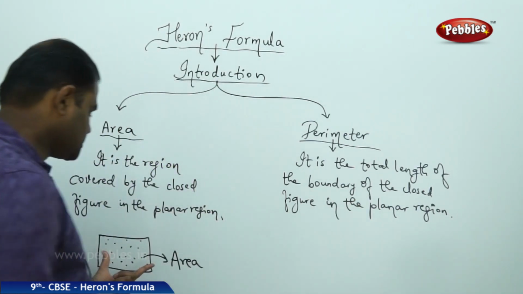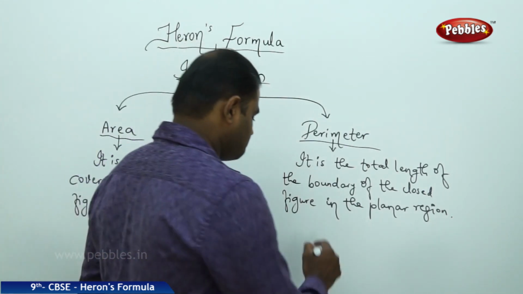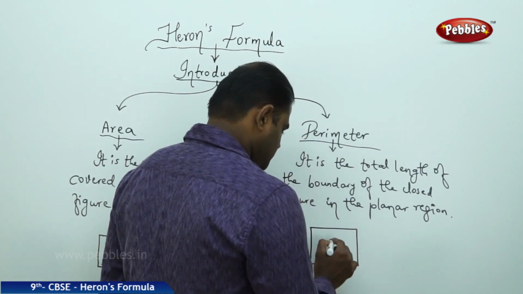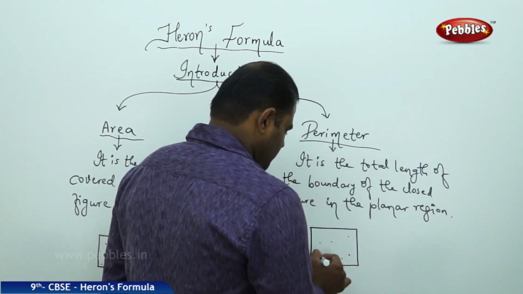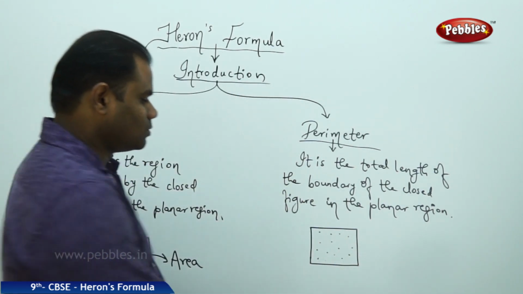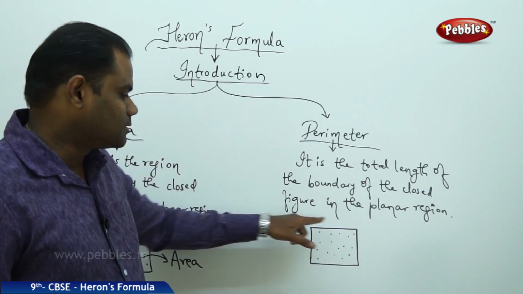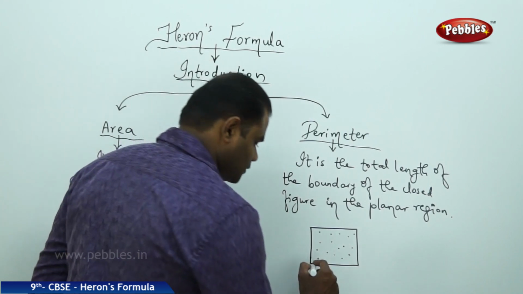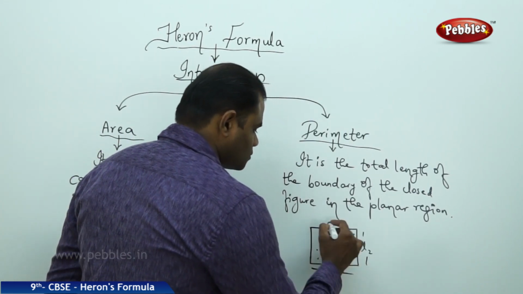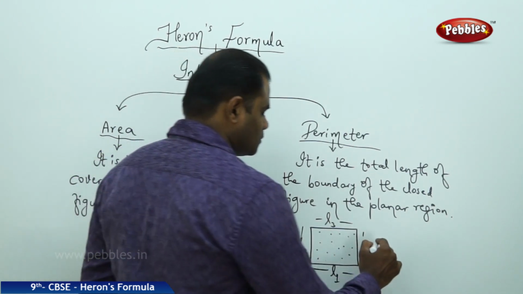Let's take the same example of a rectangular plank as the model. No doubt this is the area, but when it comes to the perimeter, we take the total length of the boundaries, this, and this. Say the length of this boundary is L1, the length of this boundary is L2, and so on up to L4.